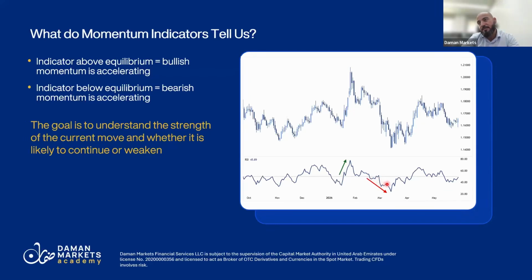Then bearish momentum is decelerating, but we are still bearish. And once we go above 50, the majority of the price movement is becoming bullish now, and it's accelerating as we go up. Clear?